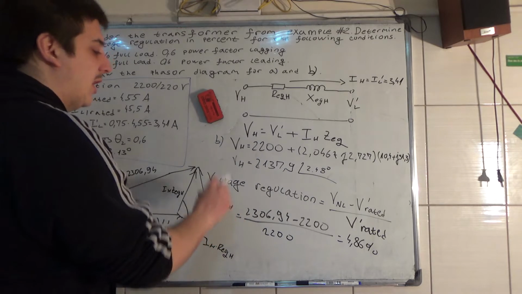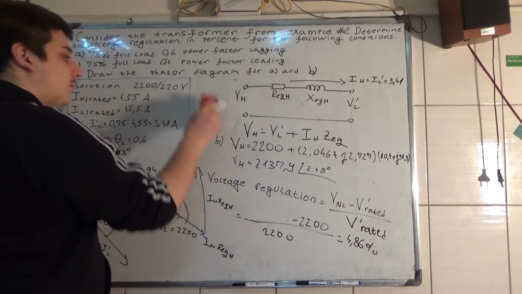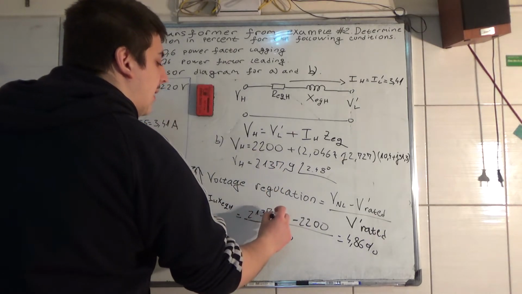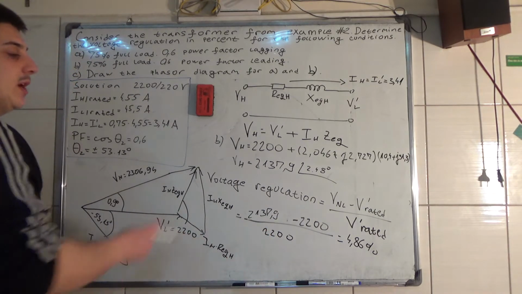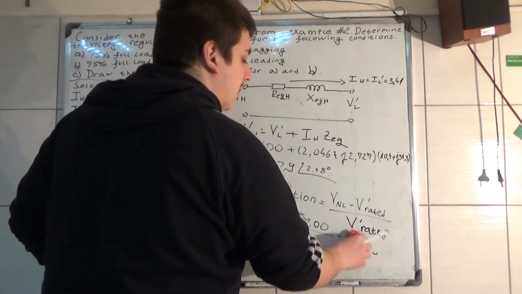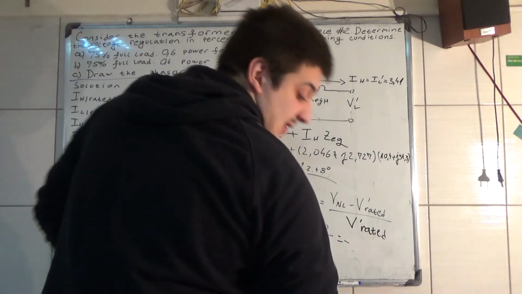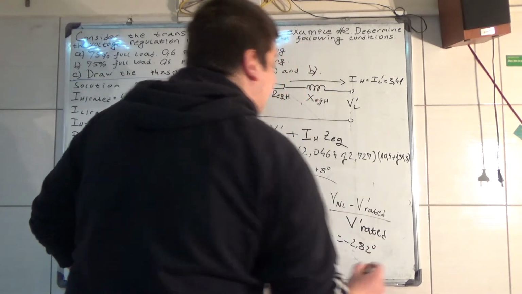Now the voltage regulation is now 2137.9 minus 2200 divided by 2200, and then you get minus 2.82%.